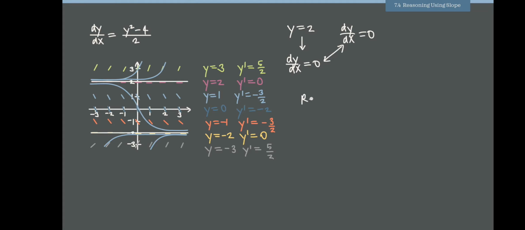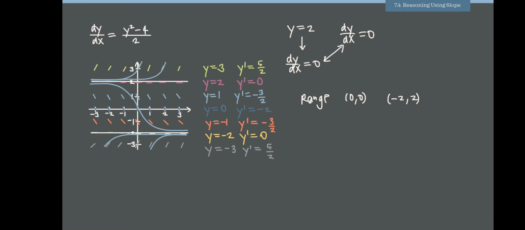So the range of a curve passing through the point 0, 0 is going to be negative 2 to positive 2, not including negative 2 and not including positive 2, because remember, those are horizontal asymptotes, so our solution curve will get very, very close to those values, but not actually reach them. So the curve won't actually ever reach y equals negative 2 or y equals positive 2. So we have this open interval of negative 2 to 2.